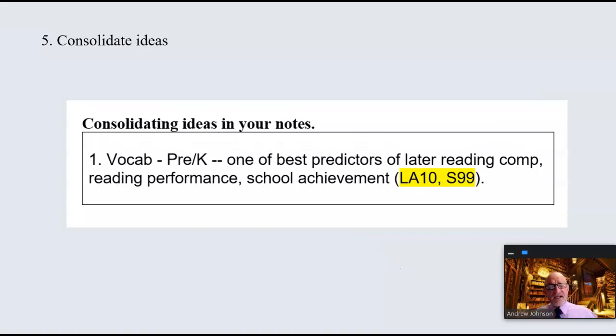And you'll see, as you begin to consolidate your ideas, you're looking for similar ideas, and maybe more than one author had the similar idea, the same idea. Here are two different authors. You see LA10 and S99. These indicate two different journal articles. So when it comes time to cite it, I know where the idea came from and I can cite it simply.